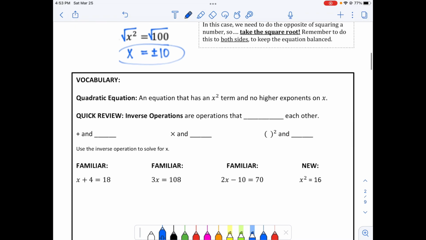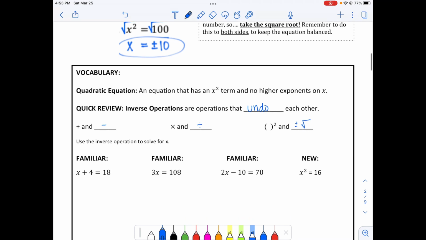So the inverse operations, or inverse operations in general, are operations that undo or reverse each other. So addition and subtraction are inverse operations. Multiplication and division are inverse operations. And squaring and square rooting are inverse operations, but I'm going to have you put the plus minus here to remind you that you're actually taking a positive and negative square root to undo squaring something.